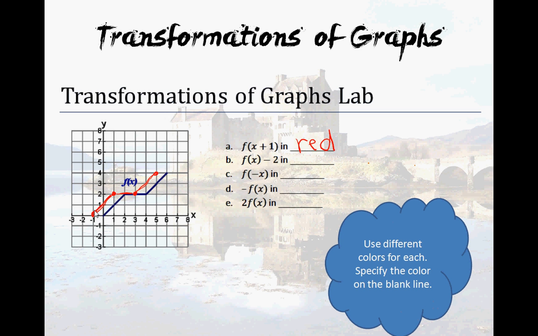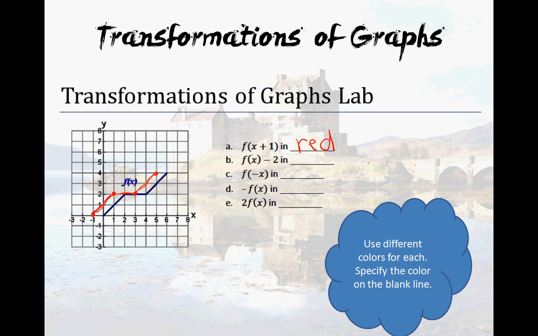I shifted it 1 unit to the left, and I want you guys to actually take each point and shift them individually. Over here you can see that I wrote red so that I would know later. Each one of these you're going to do in a different color, and then just label the color that you used along here. Does that make sense? I hope so, because you can't tell me, because I'm not actually there right now. Okay, so go ahead and graph the rest of those. Hit pause until you're done, and then when you finish, we'll go over them.